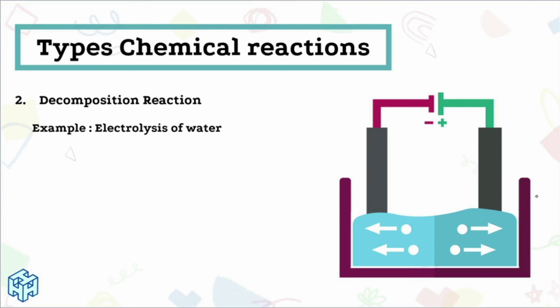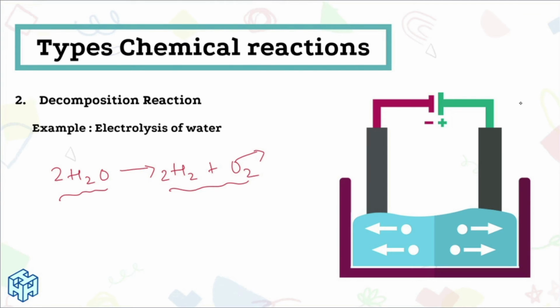Now let us understand one more example of decomposition, that is electrolysis of water. Here it is given, as I have explained, 2H2O gives rise to 2H2 plus O2. This is how oxygen is produced nowadays. Did you get it? Nowadays, in the corona crisis, lots of oxygen is required.